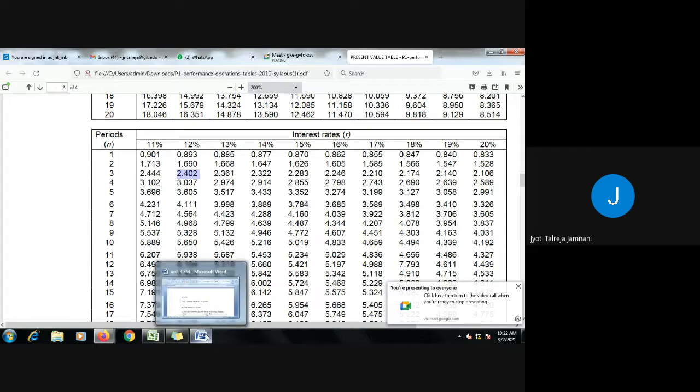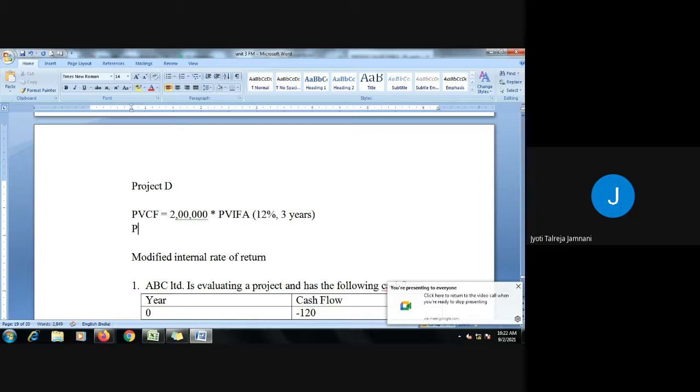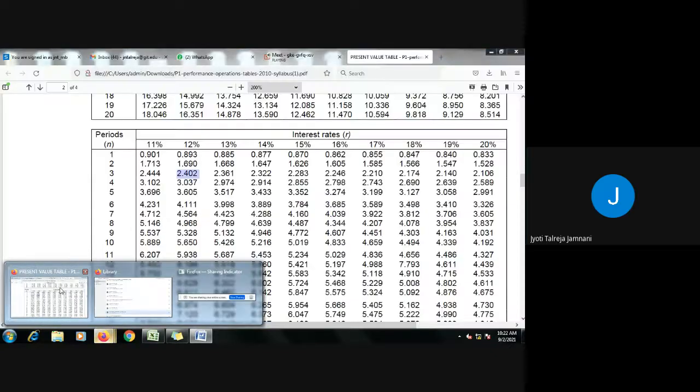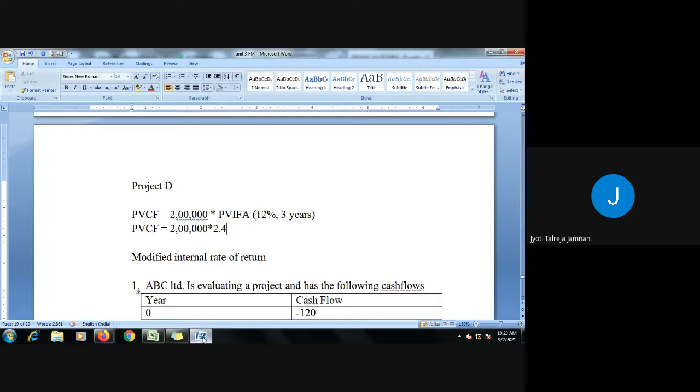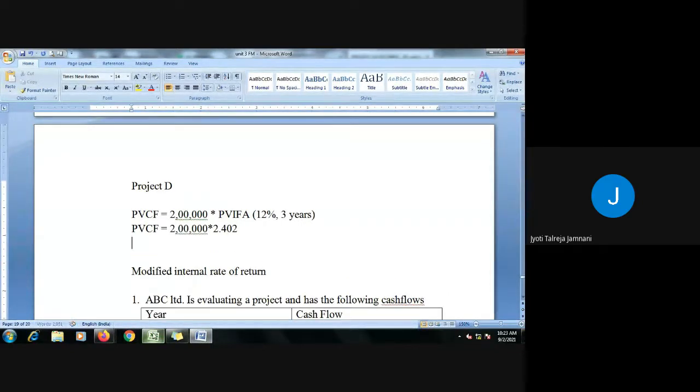So present value cash flow is equal to 2 lakh into 2.402, which is 4,80,400.